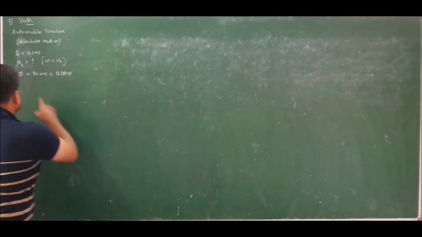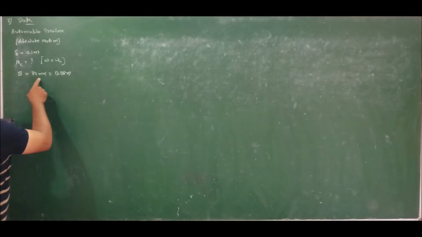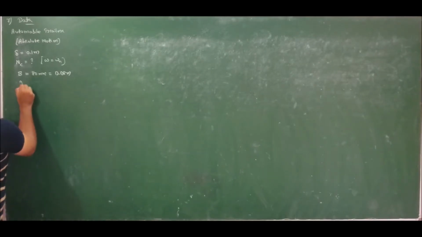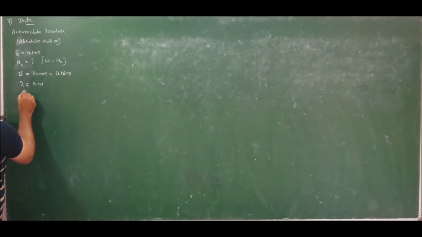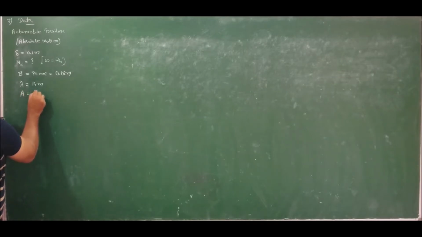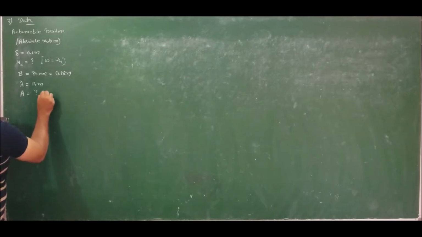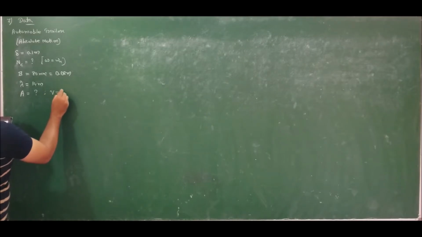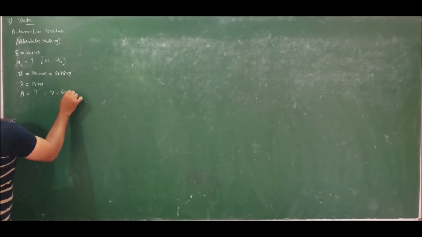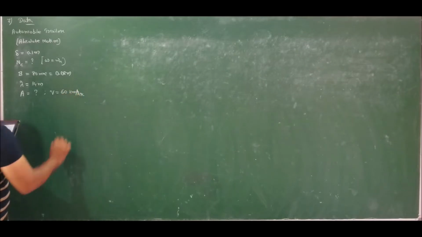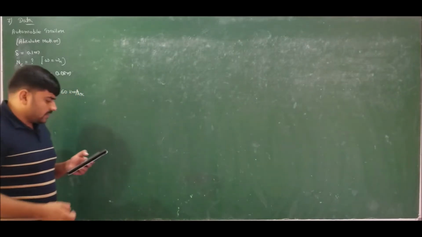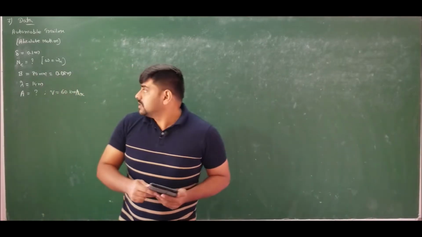Here the amplitude of excitation is B, that is the irregularity of the road, which is 80 millimeters, and the wavelength is specified: wavelength is 14 meters. Find the amplitude of vibration of the vibrating body, that is A, that is, find the amplitude of vibration of the automobile trailer at a speed of 60 km per hour. Now let us solve this problem.